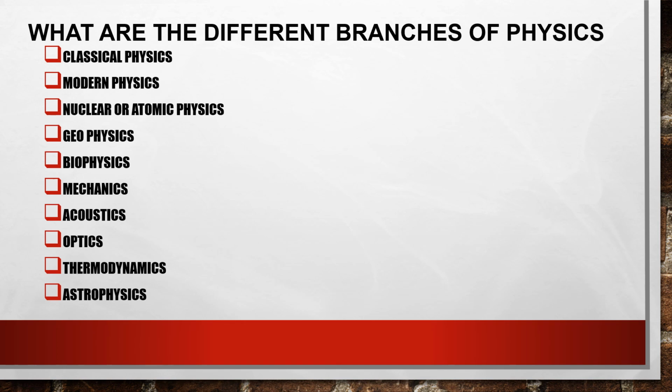So these are all the branches of physics we have, and in our subsequent editions we are going to take time to digest all of these one after the other and make recommendations as to how you can excel in studying these areas of physics.